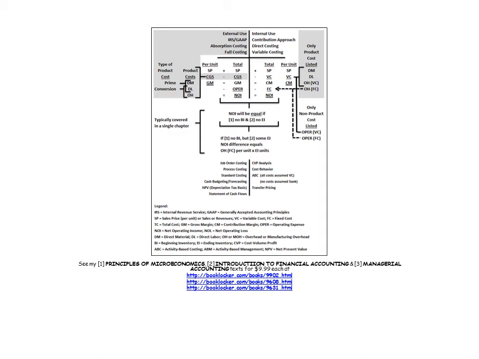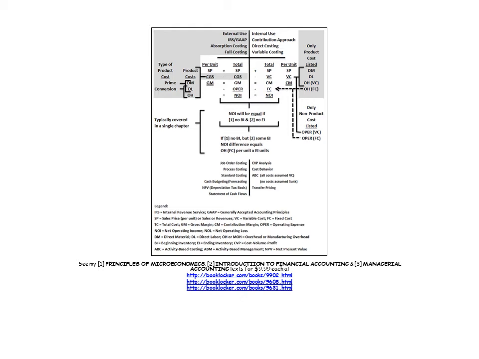It's going to go straight down. Net operating income will be equal under both of these methods, the left and the right, if there is no beginning inventory and no ending inventory. Moving to the left, that material is typically covered in a single chapter, several chapters into the course.